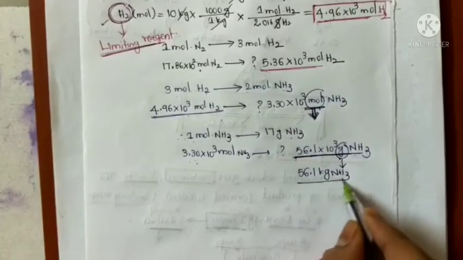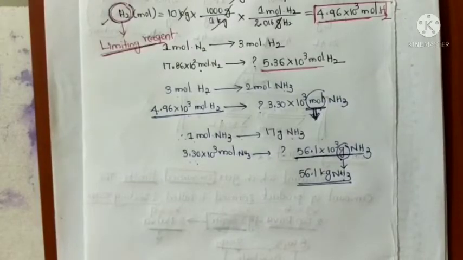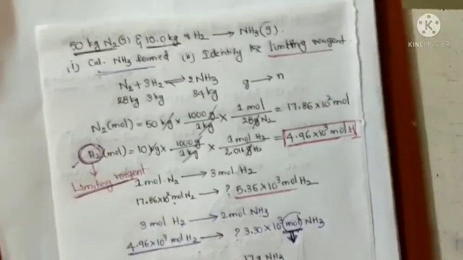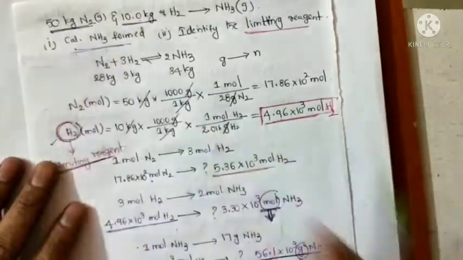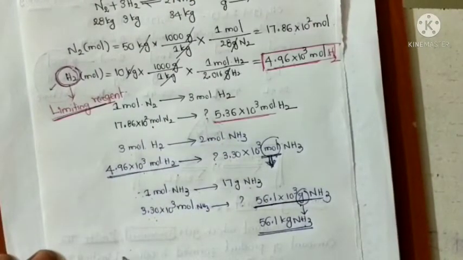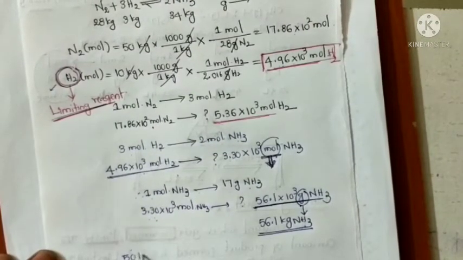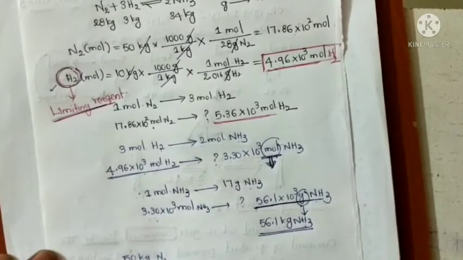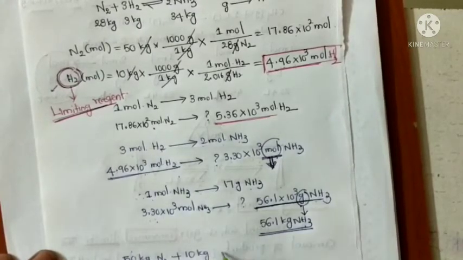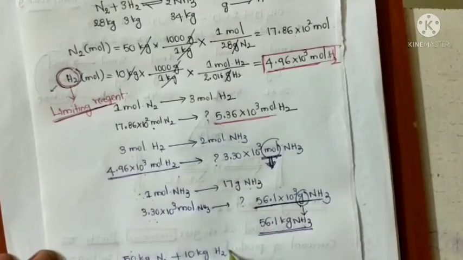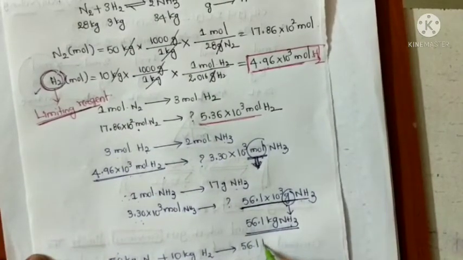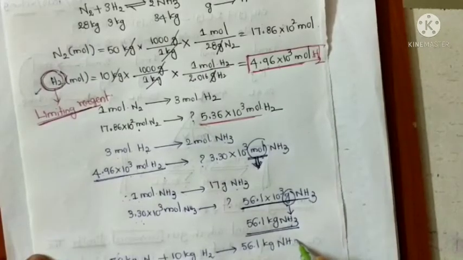So this is the product formation. Okay, once again repeat it. So finally we will write: 50 kg of nitrogen plus 10 kg of hydrogen reacted to form how much? 56.1 kg of ammonia will be given.